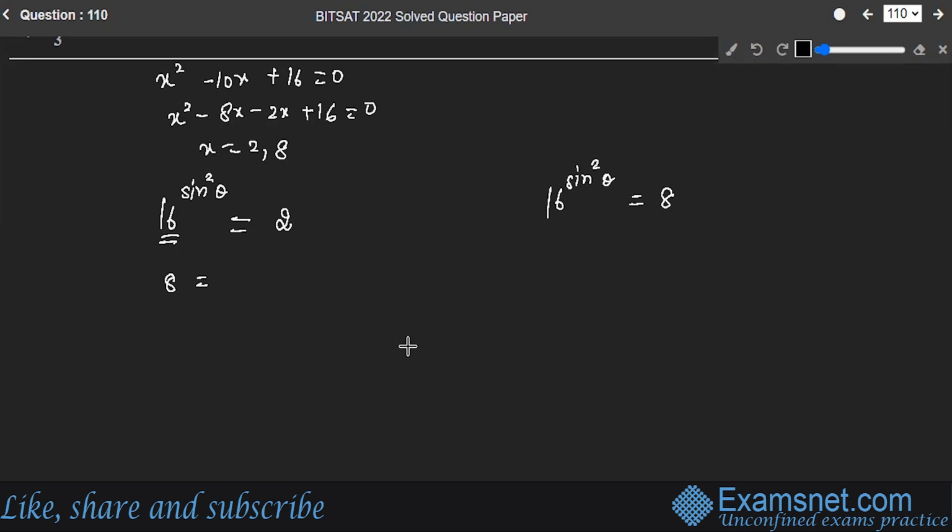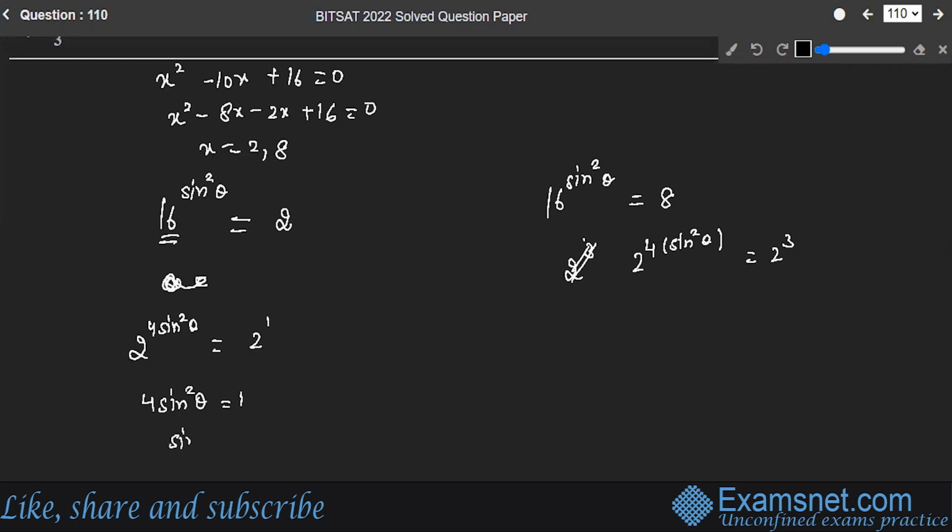Right. So here you can have 2 power 4 sine square theta is equal to 2 power 1, and 2 power 4 sine square theta is equal to 2 power 3. So here, 4 sine square theta is equal to 1, or sine square theta is equal to 1 by 4.